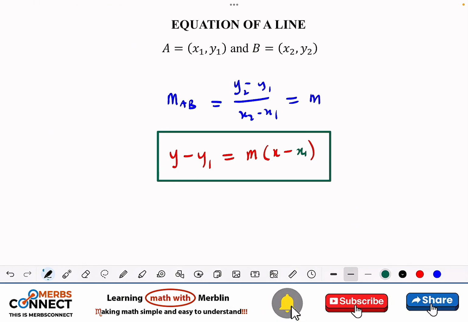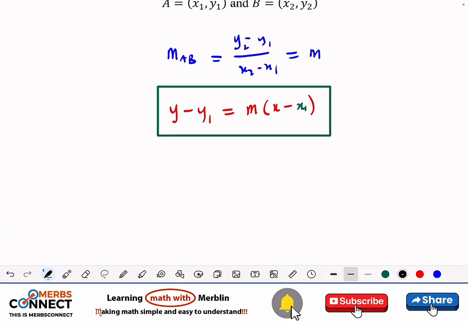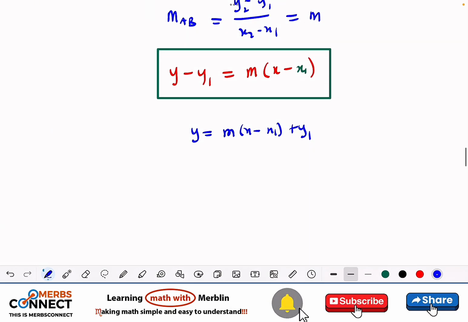Now we can also write the equation of the line in a different form, right? We can write it by simplifying this, and we are going to have y equals m times x minus x1, plus y1, right?